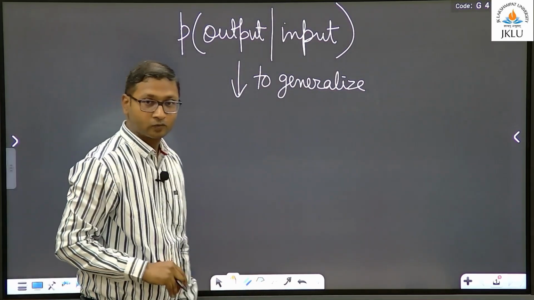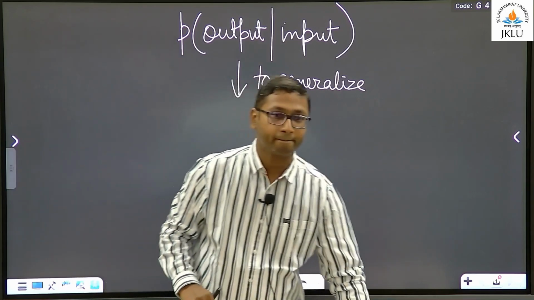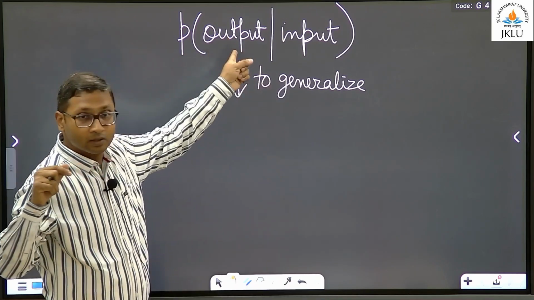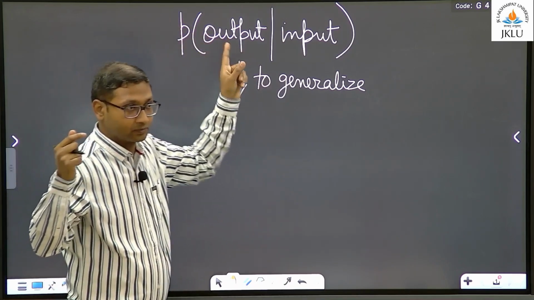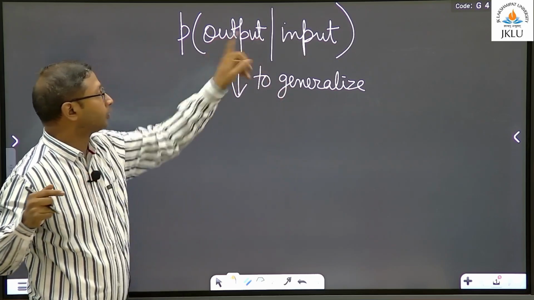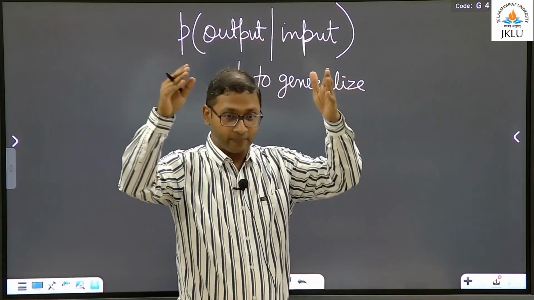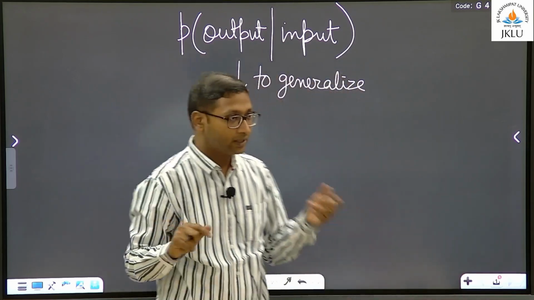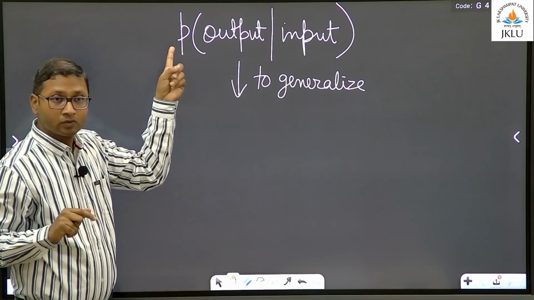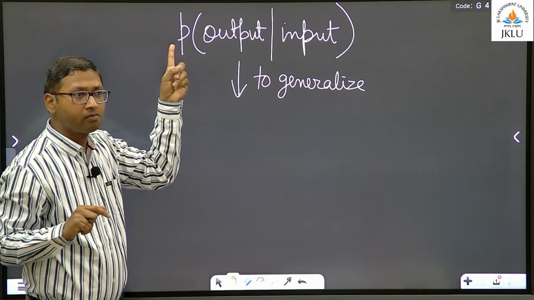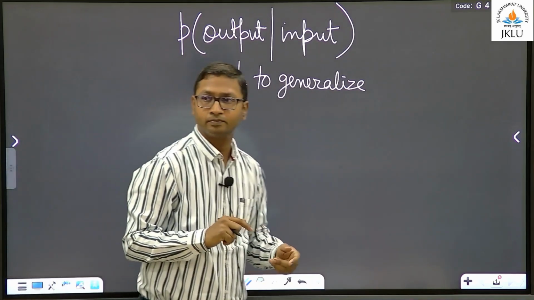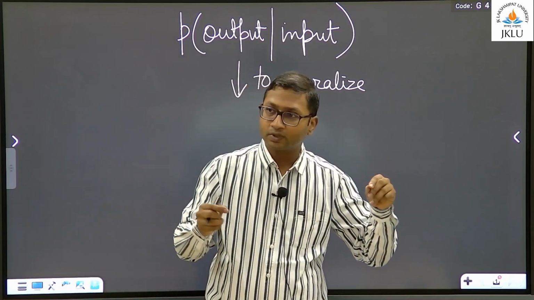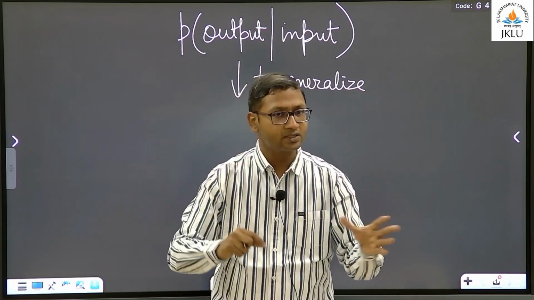What should I write here? Until now you have been doing, let's say if you are talking about question answering or summarization, what will be the input? The big text. What will be the output? Summary. And where is this probability coming from? Can I assign probabilities even in the summary?